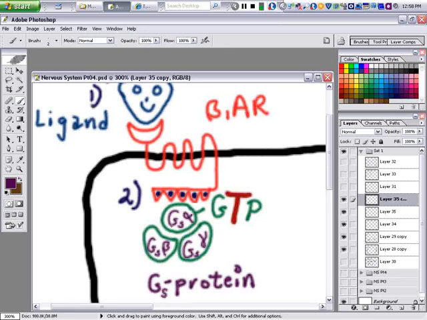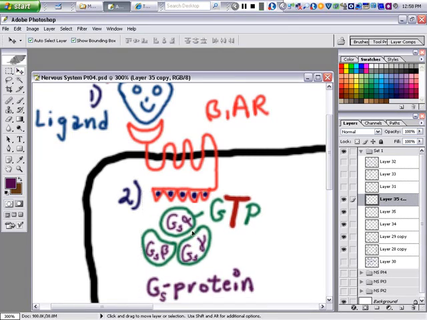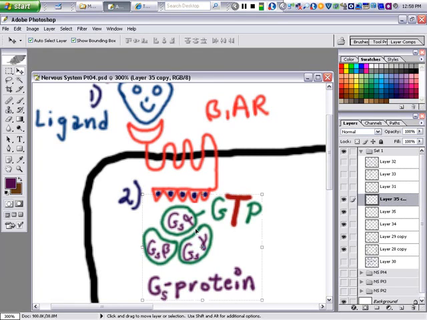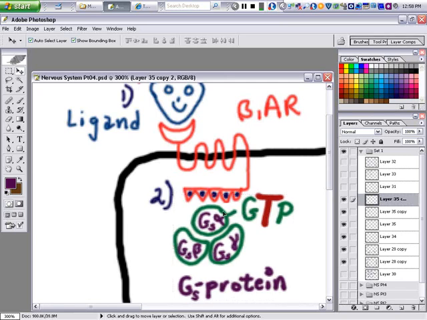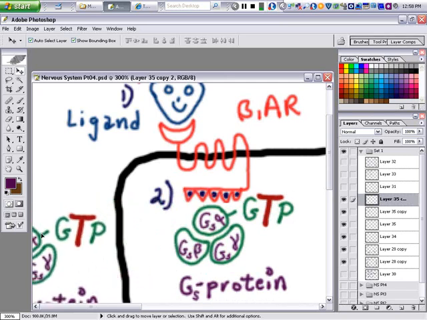Okay, now the next thing that's going to happen is that this G protein, the only part you need is G stimulatory alpha. What I'm going to do now is separate these, but I don't want to throw away what I've done, so I'm going to make another copy and put it over here for later.